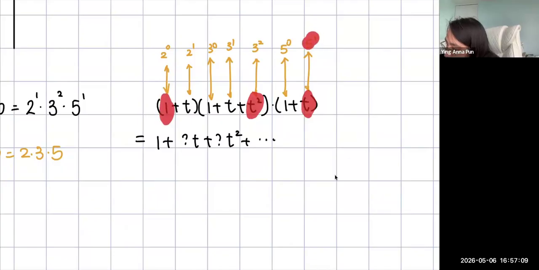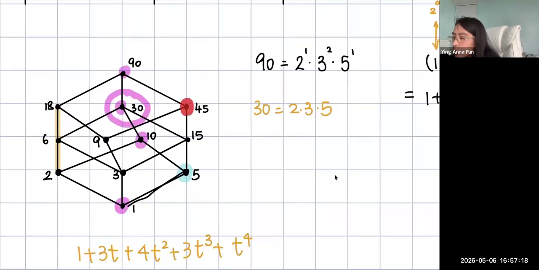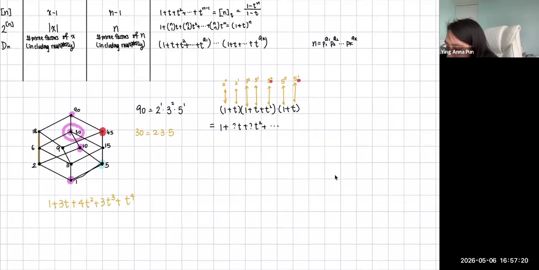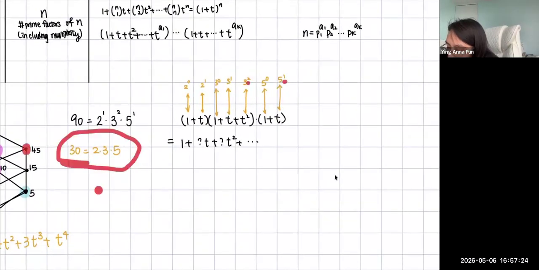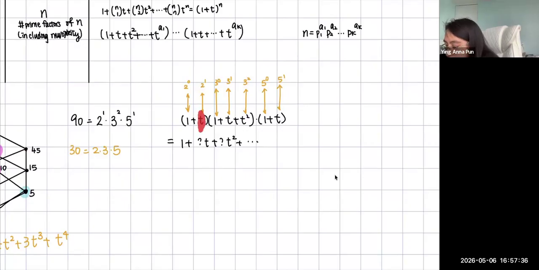In this case, you are creating 5 to the power 1, 3 squared, and 2 to the power 0. That gives you 45, and that's this one here, right? So if you give me a number, I can easily tell you: it has 2 to the power 1, 3 to the power 1, 5 to the power 1, then the way that I choose the t cubed is fixed, because that's the t to the power 1 for each of them.